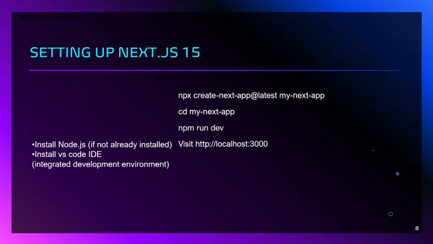Run the command cd my-next-app to move to your Next.js application folder, that is my-next-app. Then npm run dev to run this application on your system, and you will see this link, http://localhost:3000, that you have to visit to see your application in the browser.